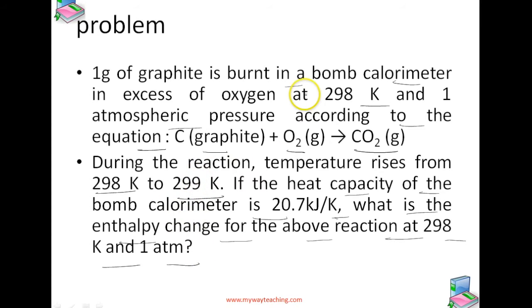So this is the question, and I will solve it here. Suppose Q is the quantity of heat from the reaction mixture and Cv is the heat capacity of the calorimeter. Then the quantity of heat absorbed by the calorimeter is equal to Cv into delta T, where Cv is the heat capacity of the calorimeter.